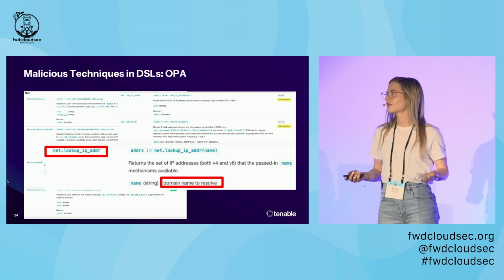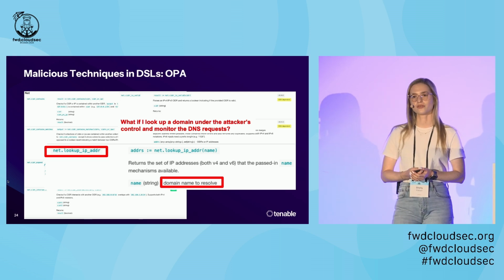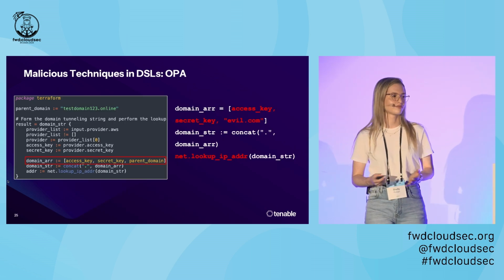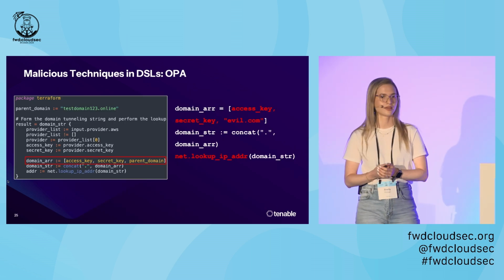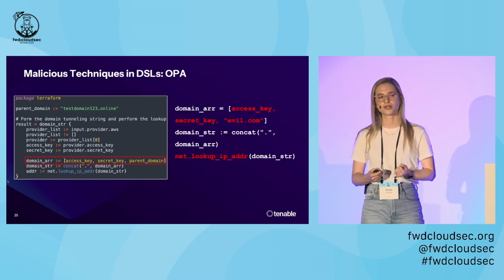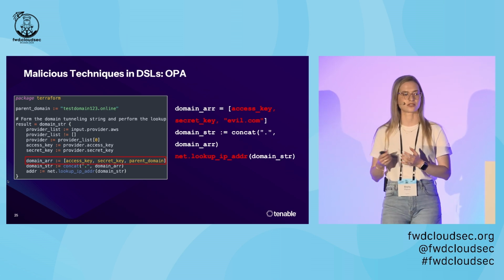So I thought, what if I look up a domain under the attacker's control and monitor the DNS requests? So again, I wrote the Rego code to do that. And this time, I concatenated an access key that was hard-coded in the input Terraform configuration as a subdomain of my malicious domain.